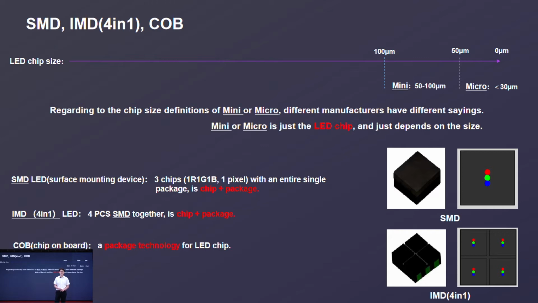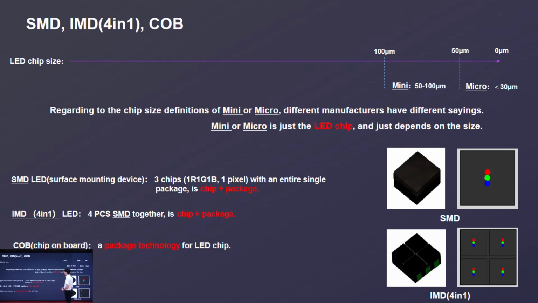Mini or micro is just the LED chip, and it depends on the size. But currently, we may get confused, because when somebody talks about a mini LED, he may mean the LED chip size instead of the LED technology.